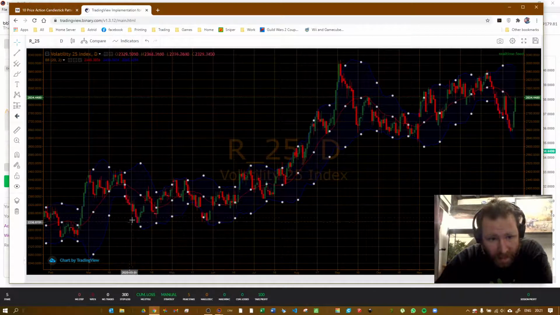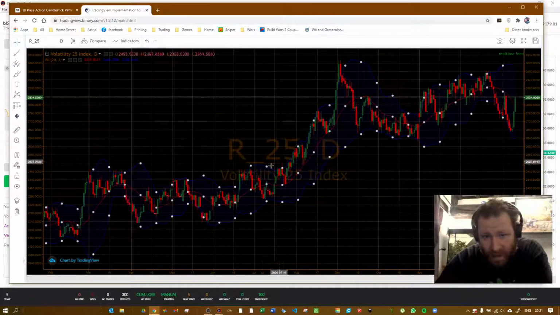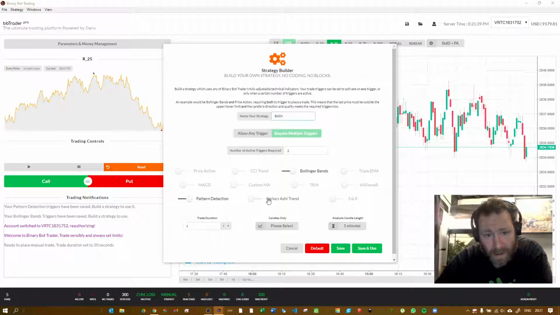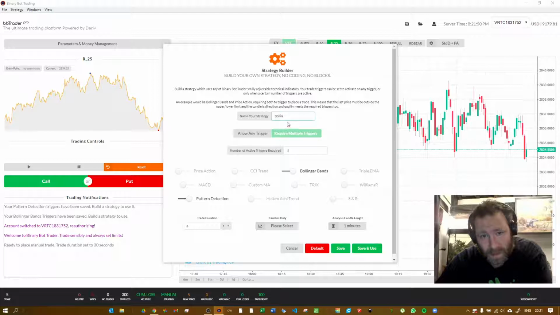But what we've done is to avoid situations where it's quite clearly broken through here, but at the same time it's not really a clear trigger. So by adding a second trigger, which is required using pattern detection, which is the machine learning pattern detection system using TensorFlow, we can do a double trigger.